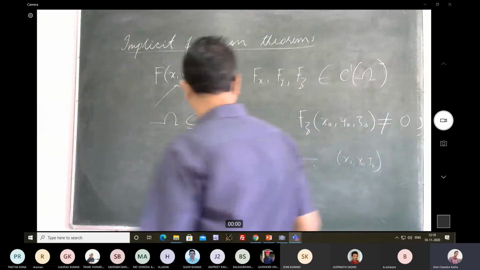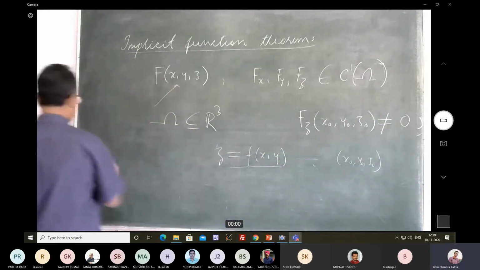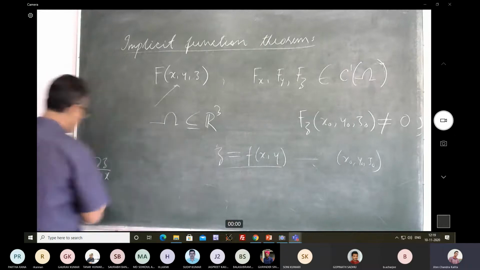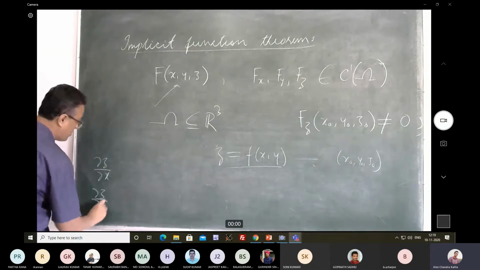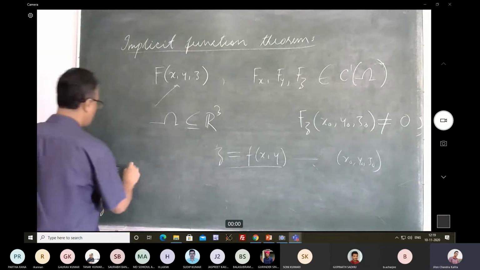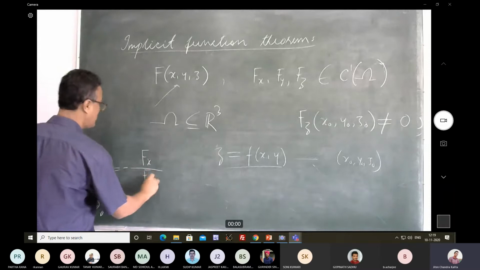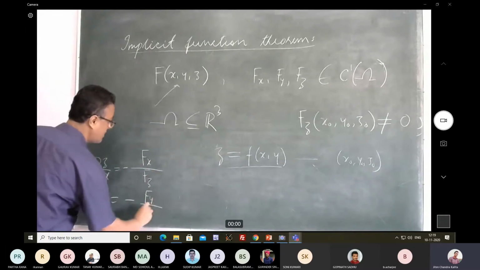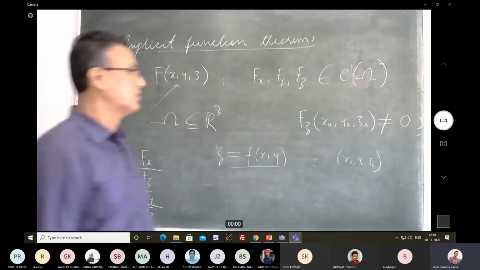Whenever this happens, you will be able to find the partial derivatives of z with respect to x and y. They are given by minus Fx divided by Fz, and minus Fy divided by Fz. Probably you already know this.